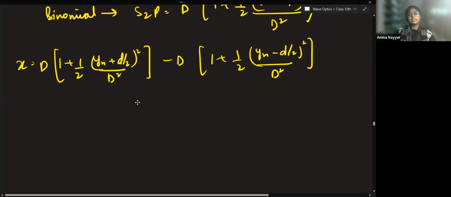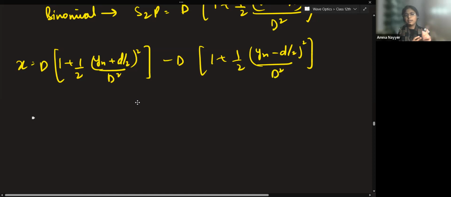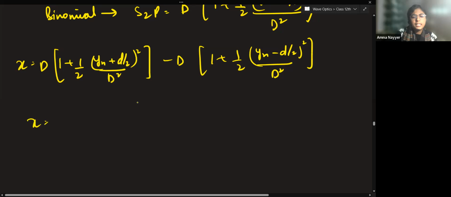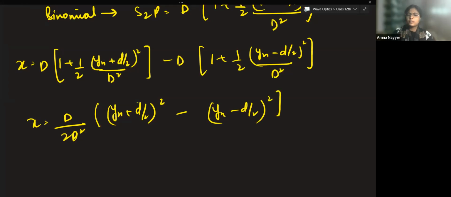So from here, 1 minus 1 will get cancelled, D minus D, half minus half will get cancelled. D is already there, 2D square we can take common. So we are left with yn plus d by 2 whole square minus yn minus d by 2 whole square. Rest of the things will get cancelled.